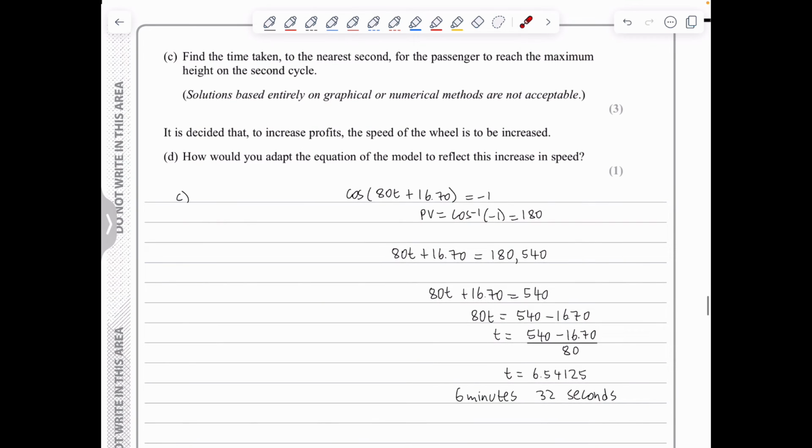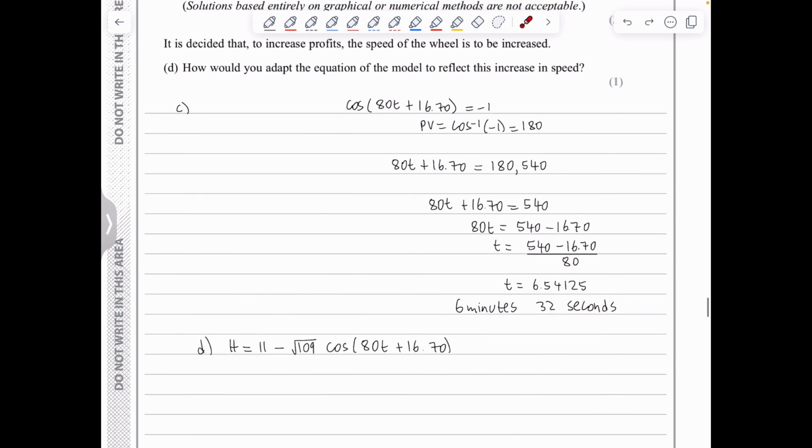We are then told that it is decided that to increase profits, the speed of the wheel is to be increased, and we need to state how we would adapt the equation of the model to reflect this increase in speed. Well, let's start by recalling that the equation describing the height is given by this, and the speed of the wheel, the period, is essentially dictated by the AT here.